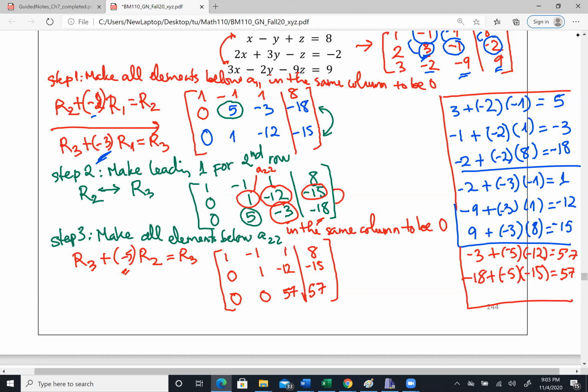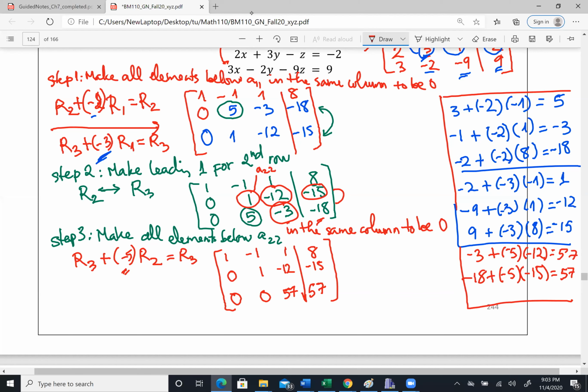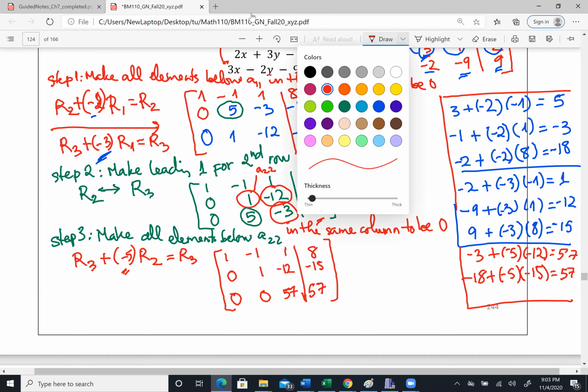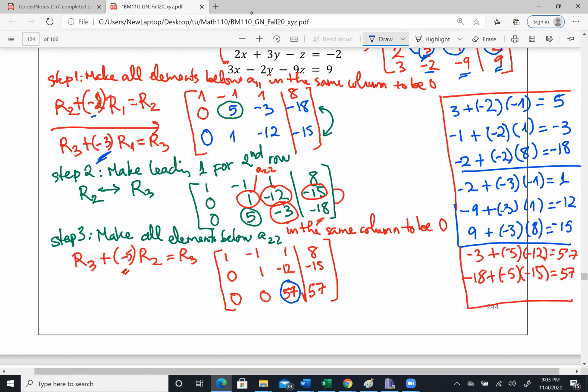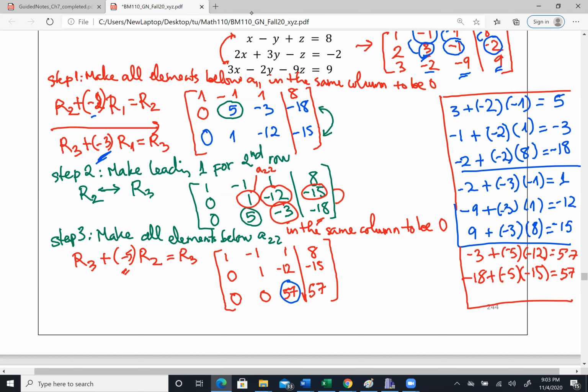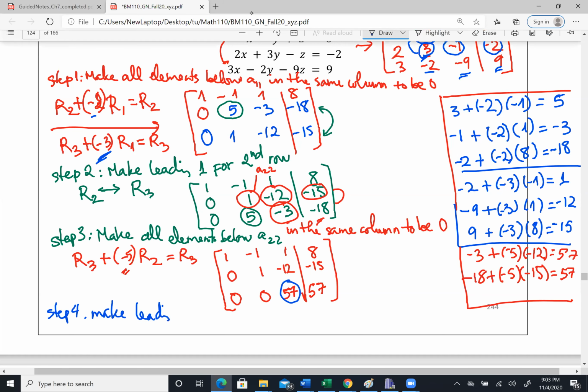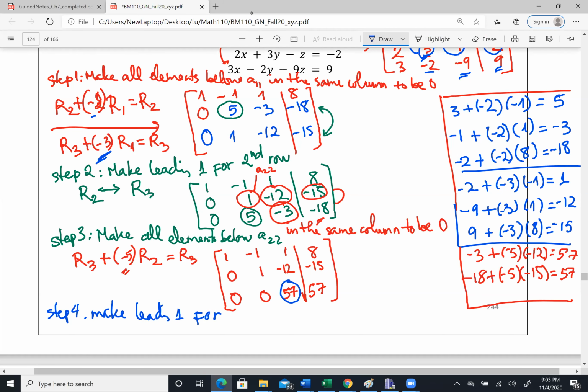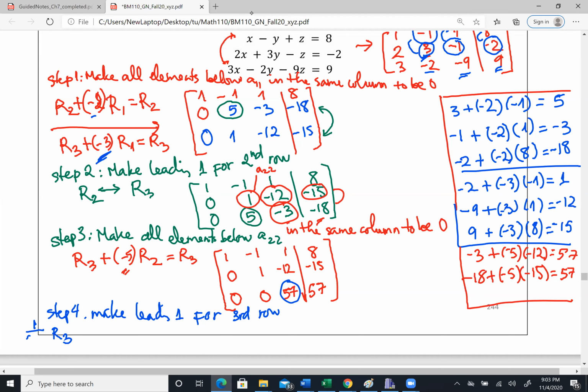So the last step, maybe you can make this one become 1, right? So you can write as step 4, make leading one for the third row, by using R3 multiplied by 1/57.